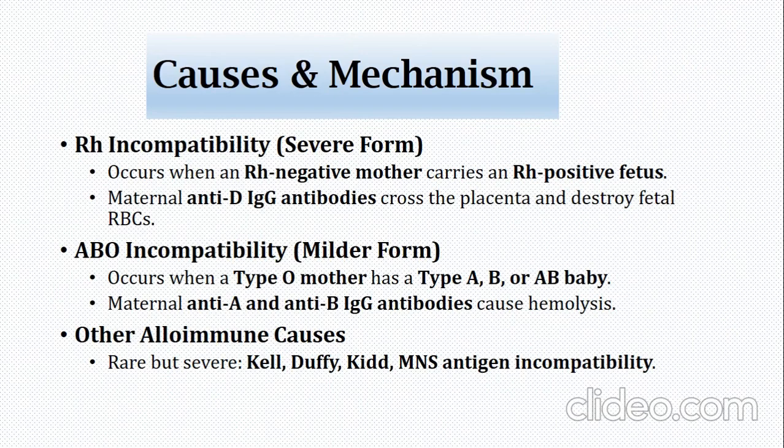For example, for Kell, if the Kell negative mother carries a Kell positive fetus, she can develop anti-Kell antibodies. The same story applies to a Duffy negative mother who can carry a Duffy positive baby. It can also cause hemolytic disease of the newborn.